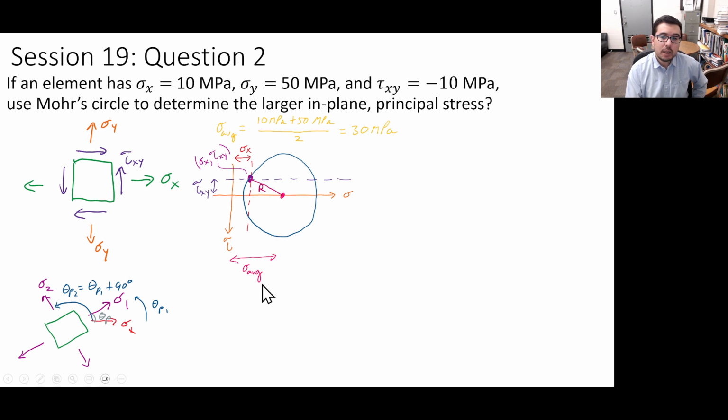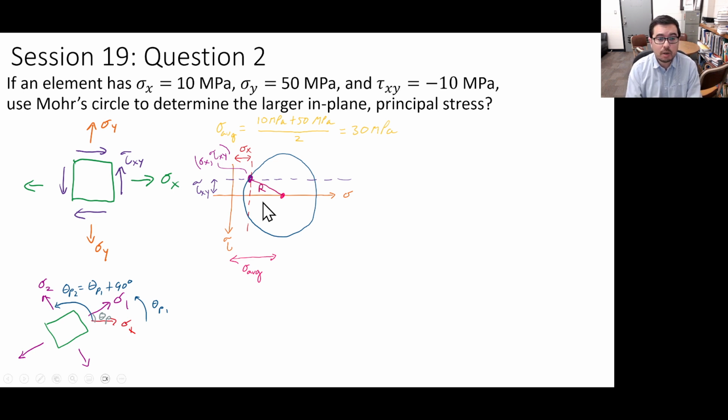And we can calculate what that radius is a couple of different ways. One would be to use the transformation equations that we've discussed previously, but since we're doing Mohr's circle and we're embracing this geometric approach, let's go ahead and use geometry.